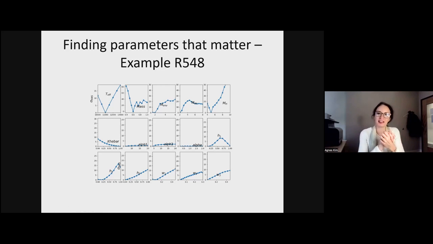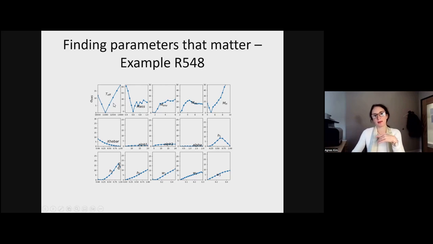And then looking at this, I qualitatively bin that into 3 bins. So I looked at some parameters that I know do nothing. If you must know, these have to do with the envelope, and those are some of the envelope parameters, and this is the efficiency of convection, which for R548 does not come into play. So I know that I don't need to worry about these.